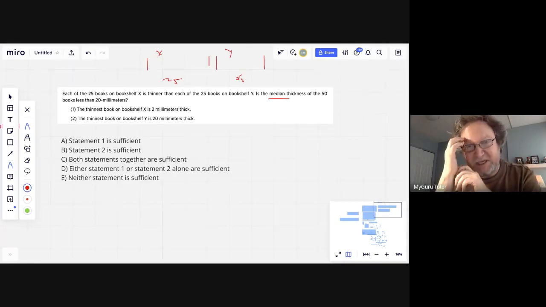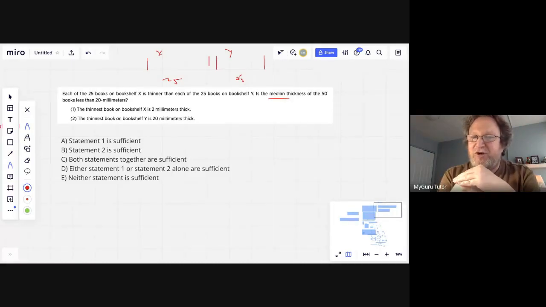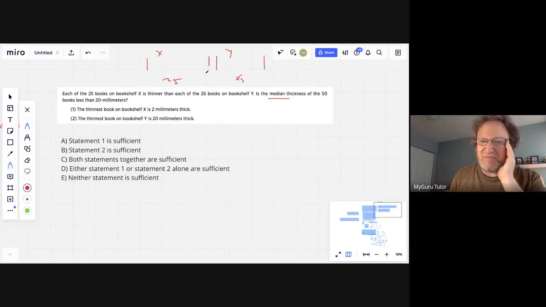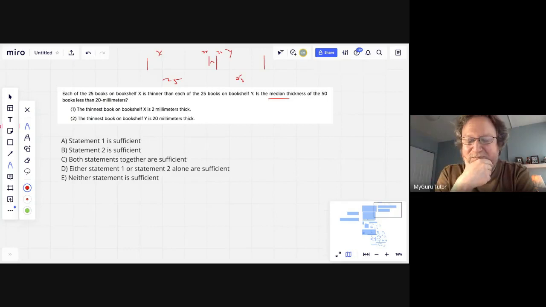Or in the case of an even number of terms, as in 50, it's going to be the average of the middle 2 terms, right? So this is book number 25, and this is book number 26, and the median is going to be in the middle there, right?